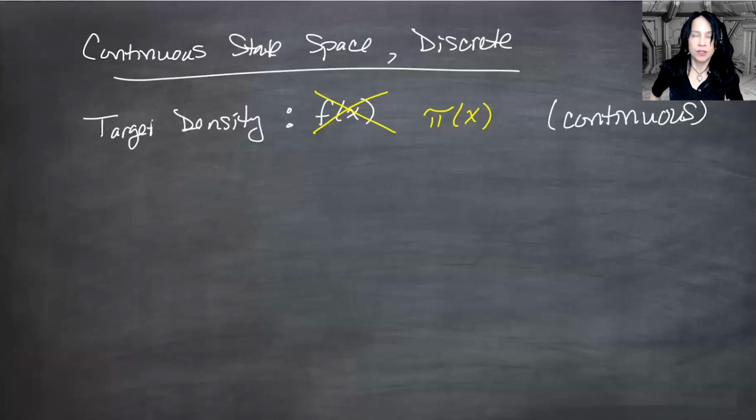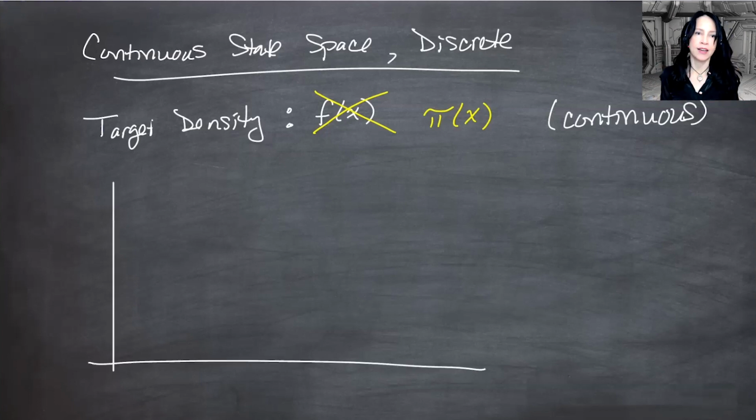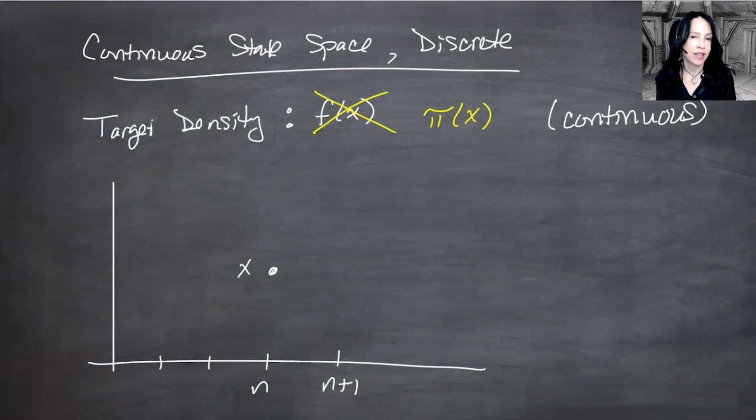In order to create this Markov chain, we need to know what it means to have a continuous state space. I can certainly go into negative values on the state space. I just always draw my axes like this. So we're going to talk about discrete time. At any time n, if your chain is at a point x, then at time n plus 1 you draw a value for the chain from some continuous distribution that depends on x, or maybe doesn't depend on x.